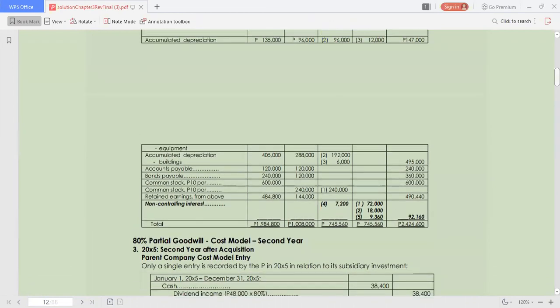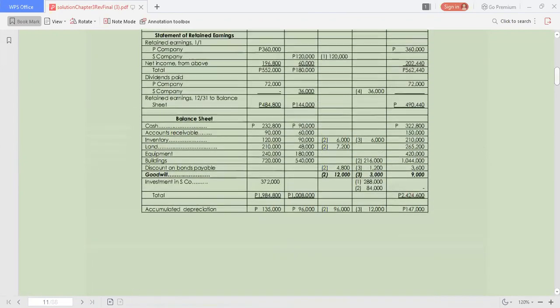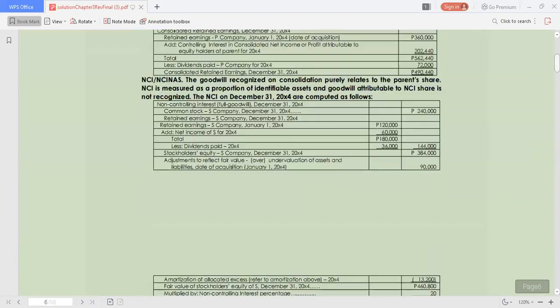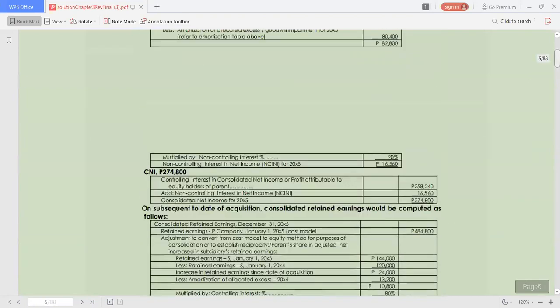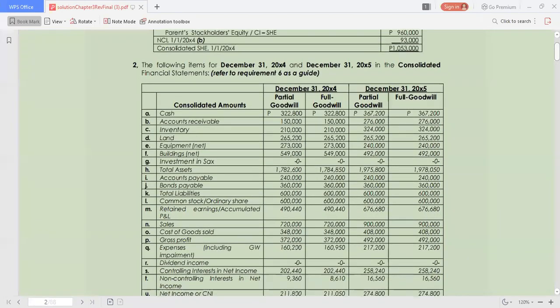So if we go back to requirement number 2, where we are asked to fill up the worksheet.